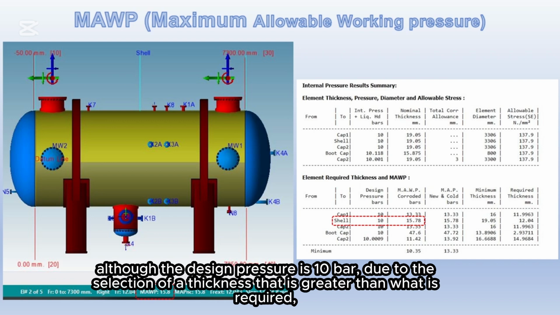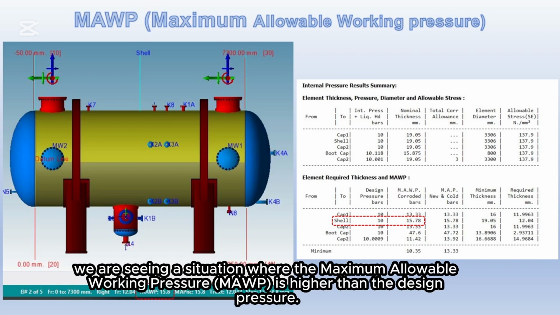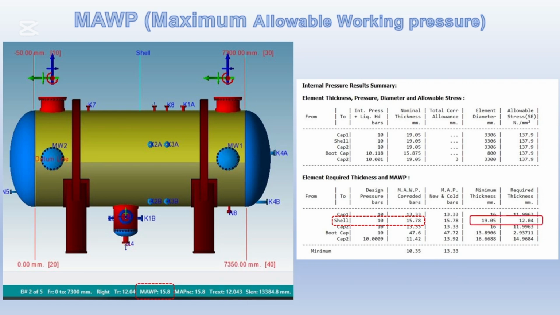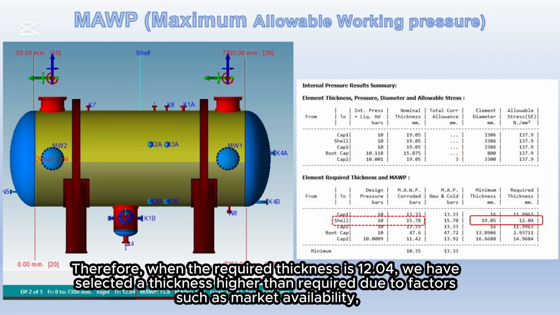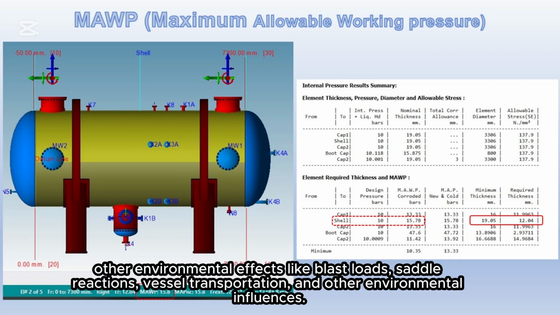Although the design pressure is 10 bars, due to the selection of a thickness that is greater than what is required, we are seeing a situation where the maximum allowable working pressure MAWP is higher than the design pressure. Therefore, when the required thickness is 12.04, we have selected a thickness higher than required due to factors such as market availability, other environmental effects like blast loads, saddle reactions, vessel transportation, and other environmental influences.